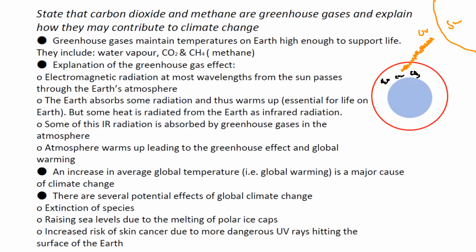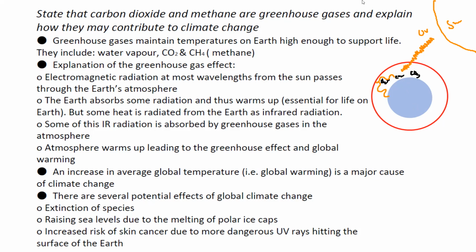When these gases absorb this UV or shorter wavelength, they re-radiate and give out a longer wavelength. But the longer wavelength cannot go out from the earth atmosphere. The shorter wavelength can go out from the earth atmosphere. So as a result, what happened? As it emits a longer wavelength, the energy is trapped within the earth atmosphere.